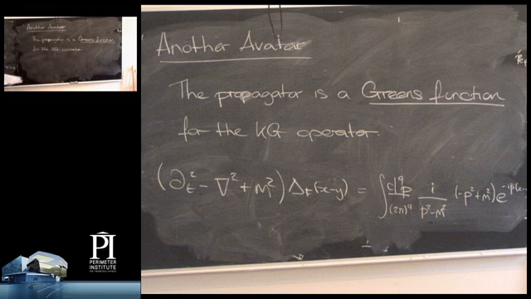So this operator is the Green's function for the Klein-Gordon. So what does that mean? It means that if you take a Klein-Gordon operator, which expanding out into time derivatives and space derivatives is the following. And you hit it on the Feynman propagator.